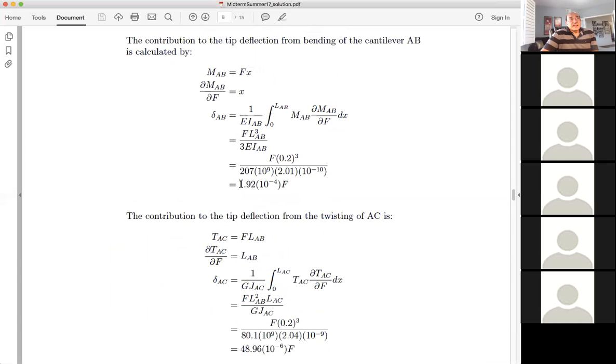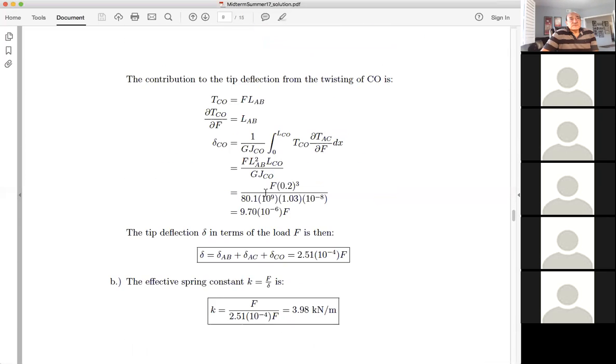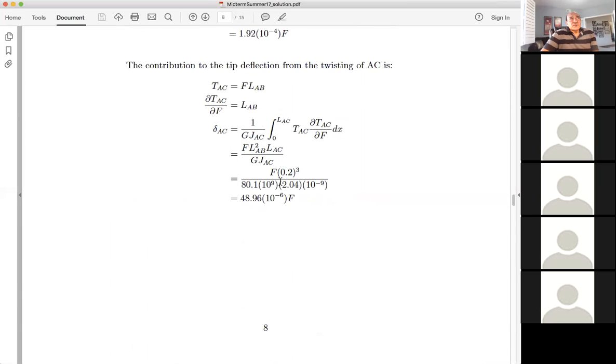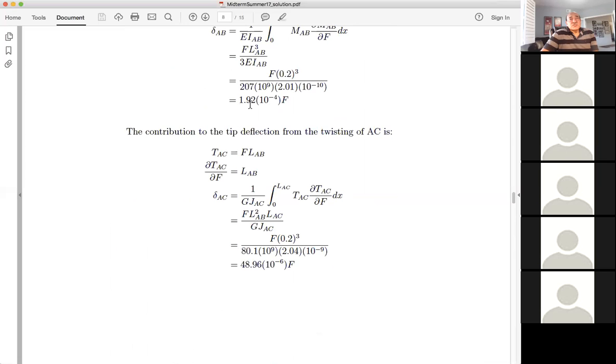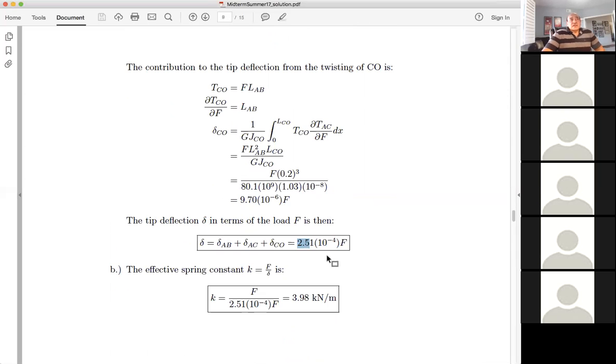And then the bending is 1.92 times 10 to the minus 4, which is maybe an order of magnitude larger than either of these two contributions. So we get a result very close to what we would get from bending: 2.5, and the bending alone is 1.92. So the torsion part added another 0.5 times 10 to the minus 4, which is about 25% more deflection due to the energy in the torsion.